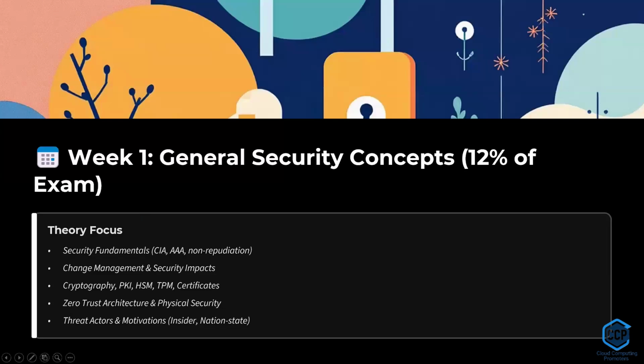Here comes our weekly plan. In week 1 we'll be going through general security concepts, where 12% of your exam syllabus will be covered, as well as practical labs regarding these topics: what the security fundamentals are, what CIA is, what AAA and non-repudiation are, what change management and security impact are, what cryptography is, what ZTNA is, and physical security, like the architecture of your organization, what threat actors are, what an insider threat is, and why we need security policies, like we need to not trust anyone in the organization.